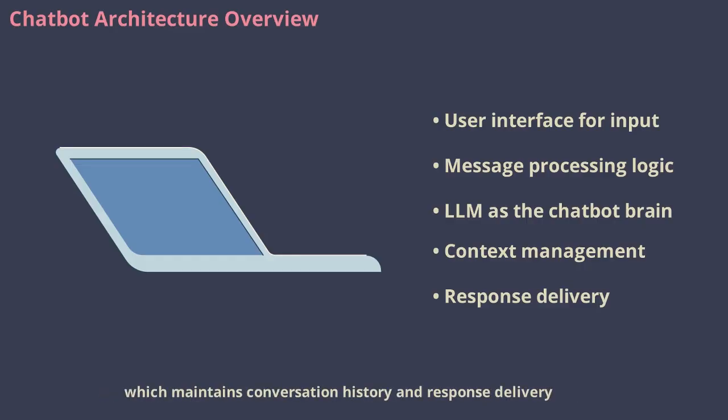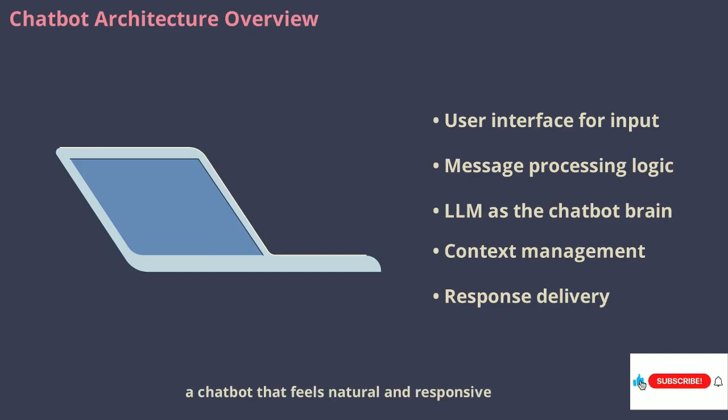Context management, which maintains conversation history. And response delivery, which sends answers back to the user. Each part plays a crucial role in ensuring smooth and intelligent interactions. By understanding these building blocks, you'll be better equipped to design a chatbot that feels natural and responsive.